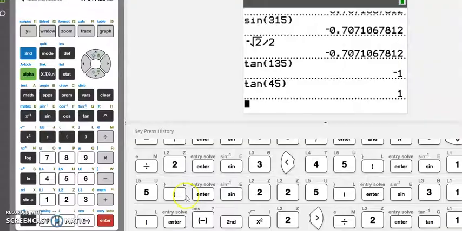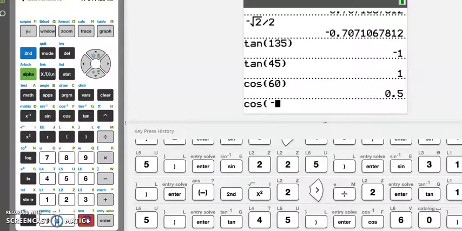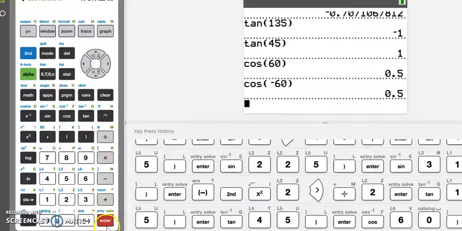And again, you can check these, which is beautiful. Cos of 60, 1/2, cos of negative 60 also gives you 1/2. That's because 60 is in quadrant 1, so it's positive. Cos of negative 60 is the opposite direction, which is quadrant 4. Therefore, it's also positive because of your CAST rule.